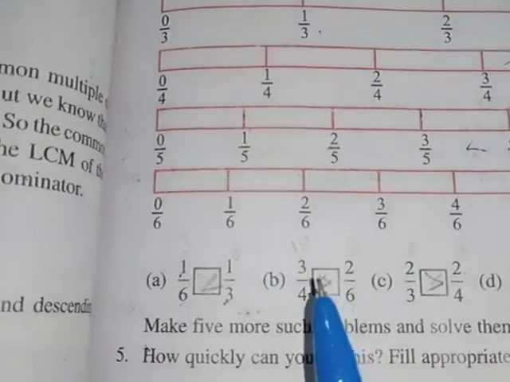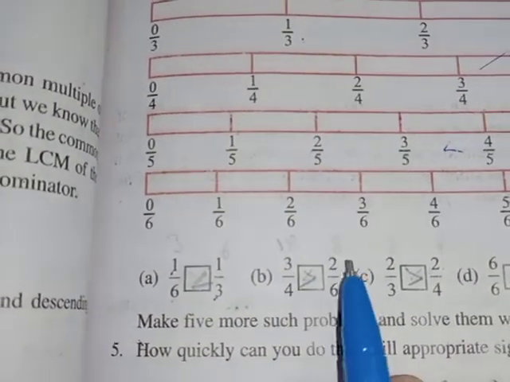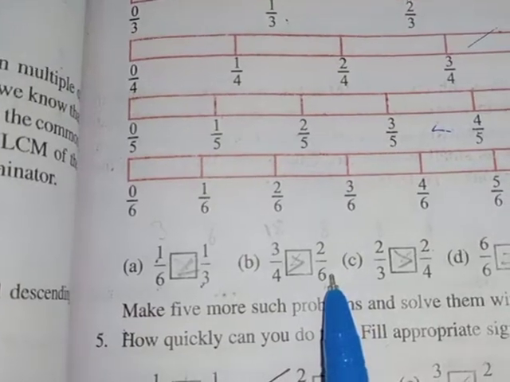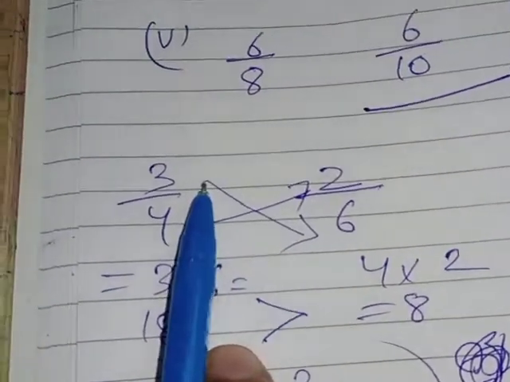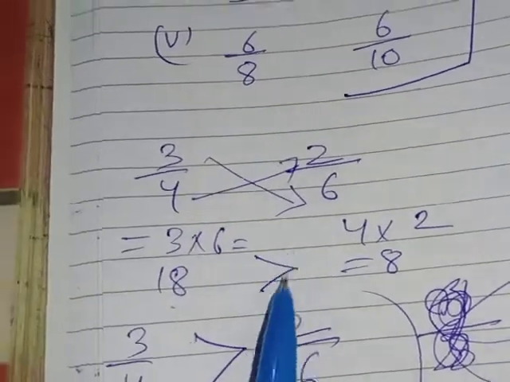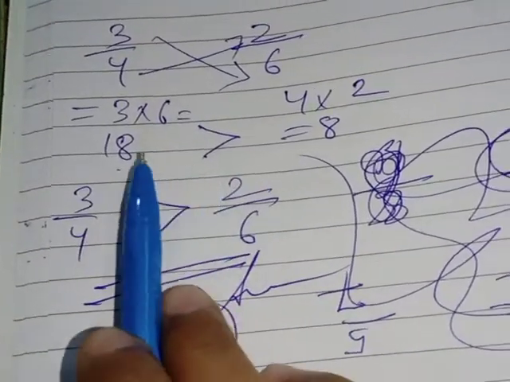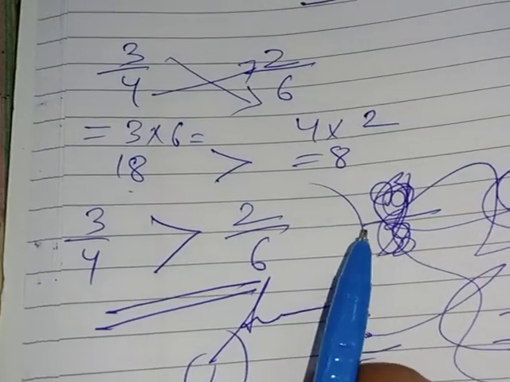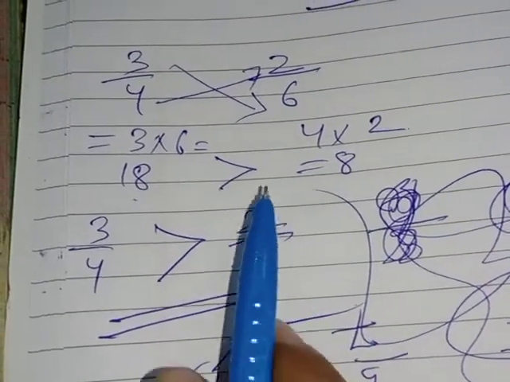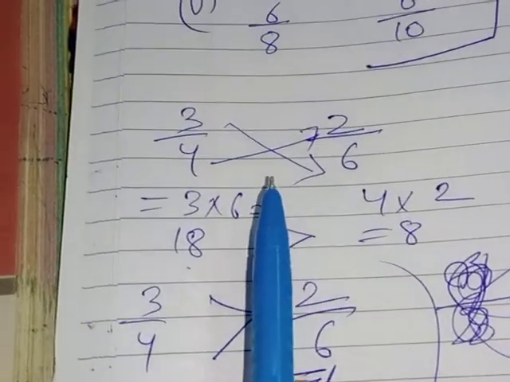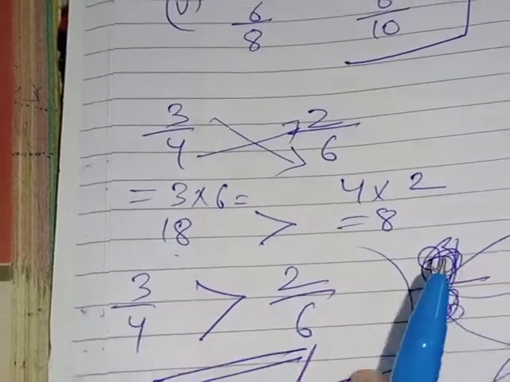And when nothing is similar in the two given fractions, we can simply do the cross multiplication process. In the cross multiplication, whichever side we get the greater answer, that side we will put the sign.